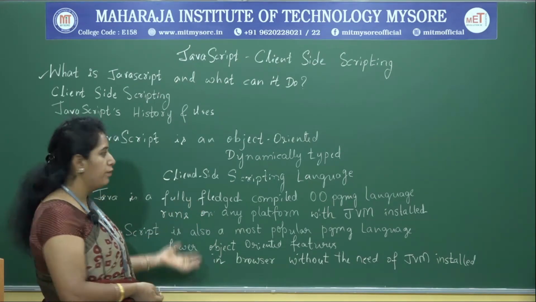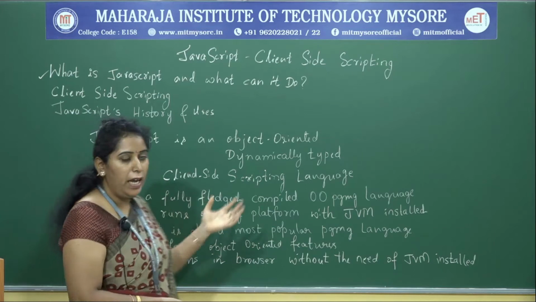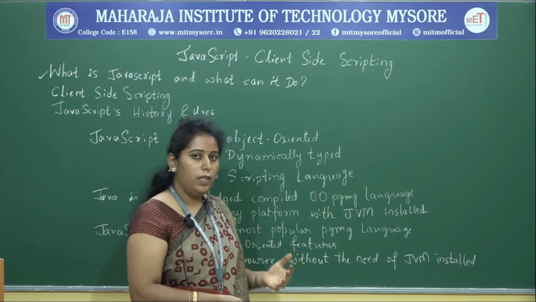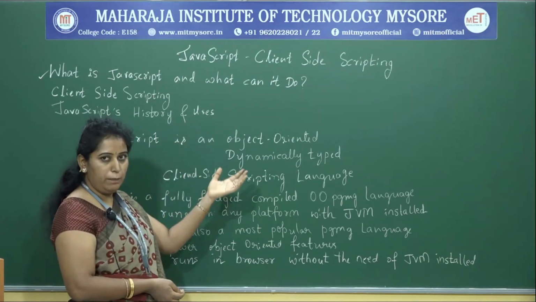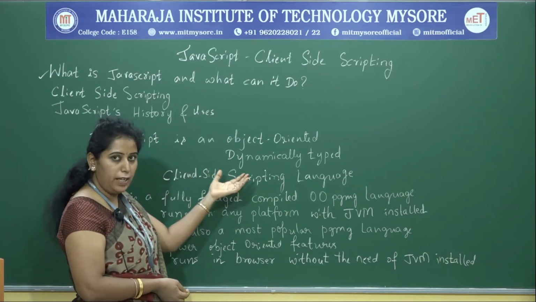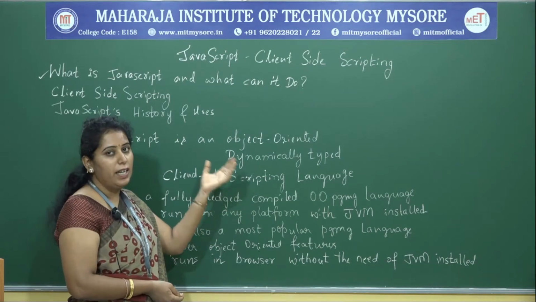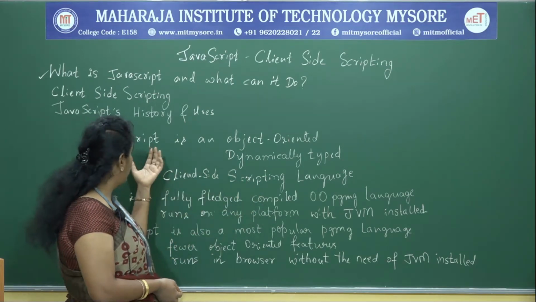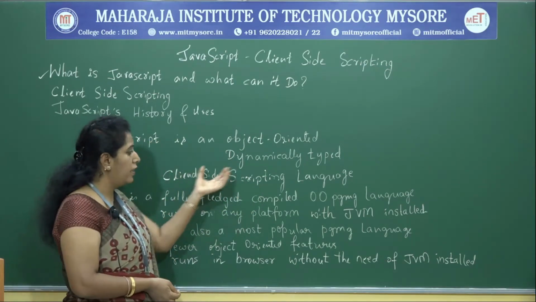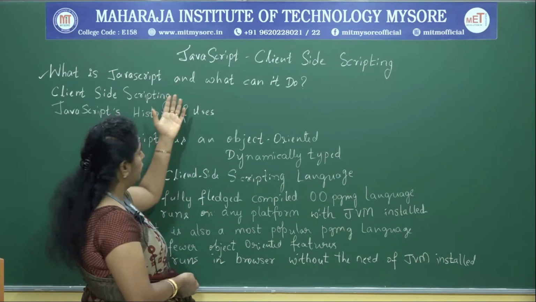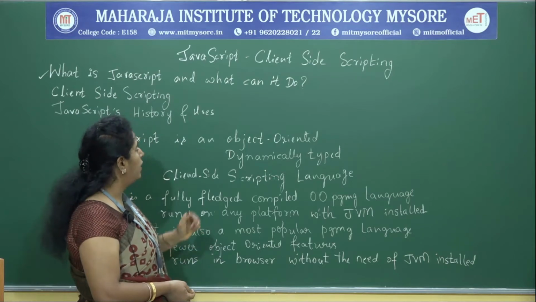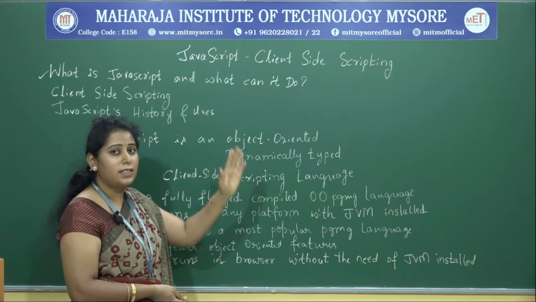Again, I will repeat what is JavaScript and what can it do. JavaScript is an object-oriented programming language which is dynamically typed and a scripting language. JavaScript is also named a client-side scripting language. That is what the chapter name says: JavaScript client-side scripting language.